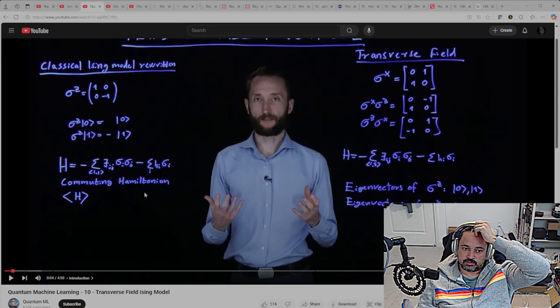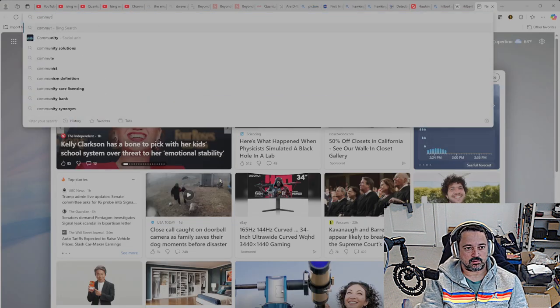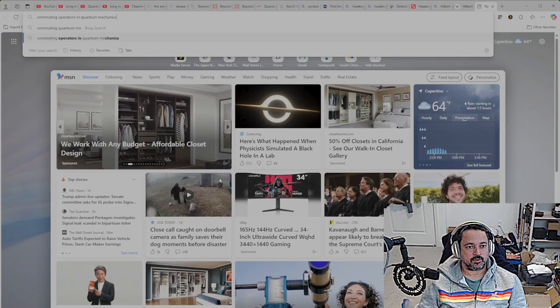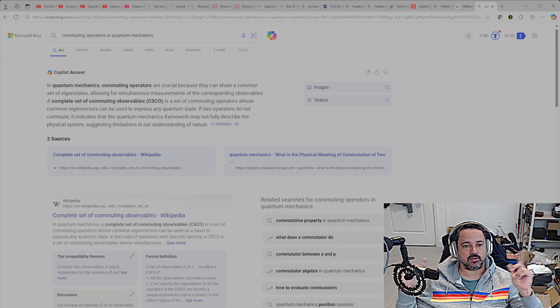Commuting with what? Okay, what is commuting? It's been a while. Commuting operators in quantum mechanics. In quantum mechanics, commuting operators are crucial because they share a common set of eigenstates allowing for simultaneous measurements of the corresponding observables.